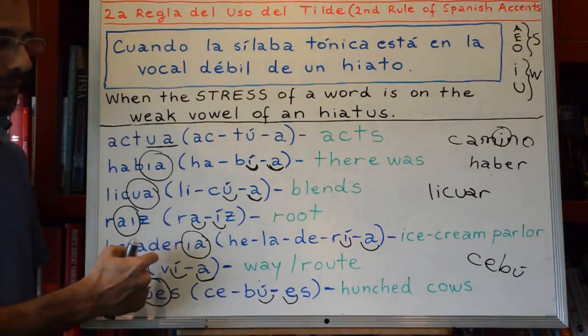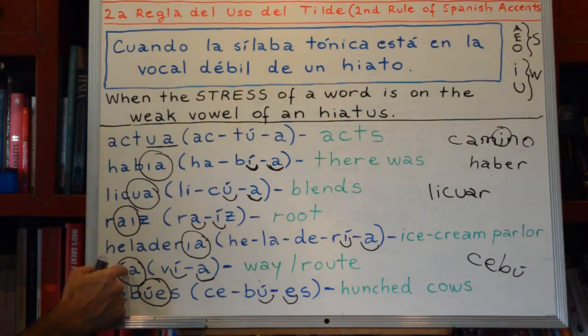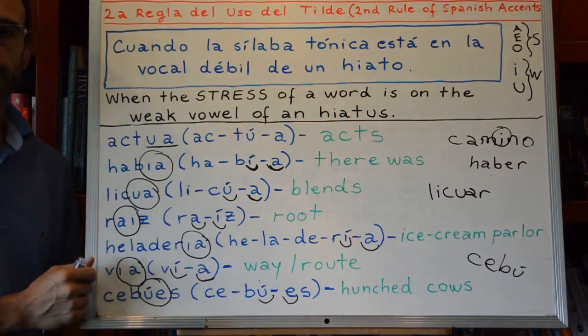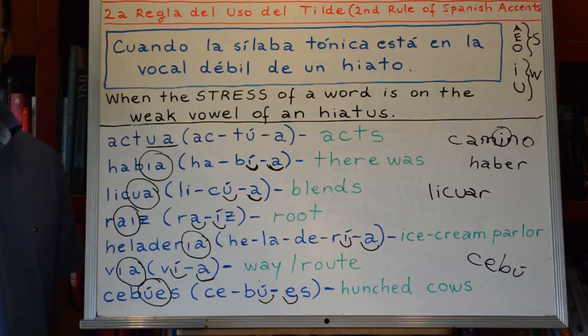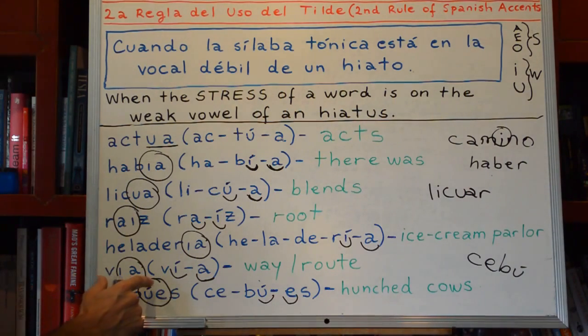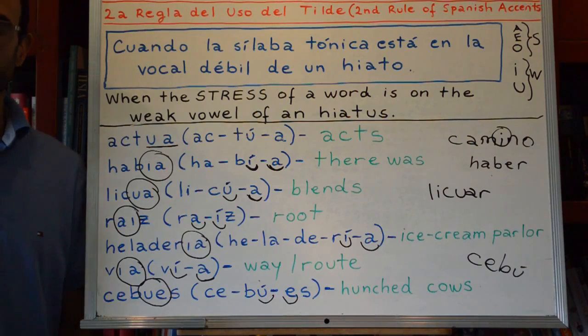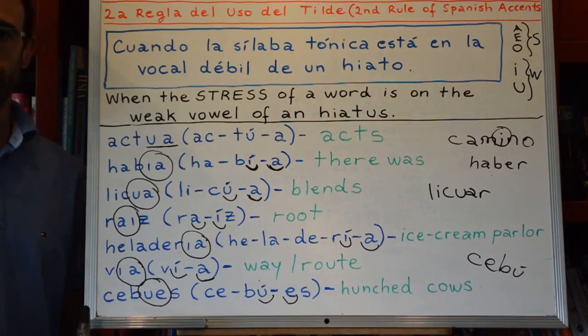But heladería means nothing. The word vía, if we omit the tilde, it reads via, which means nothing. And the word sebúes, if we omit the tilde, it reads sebues, which also means nothing. Instead of being sebúes, it reads sebues.